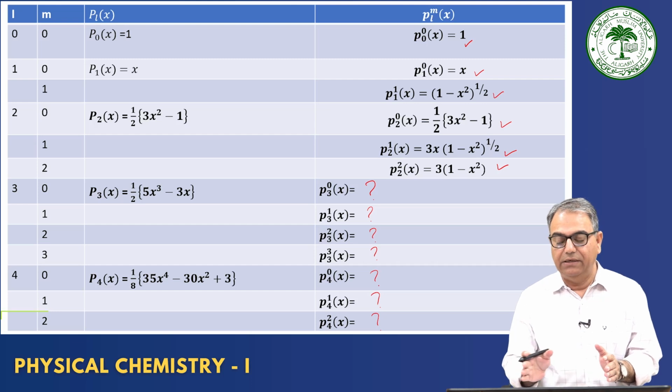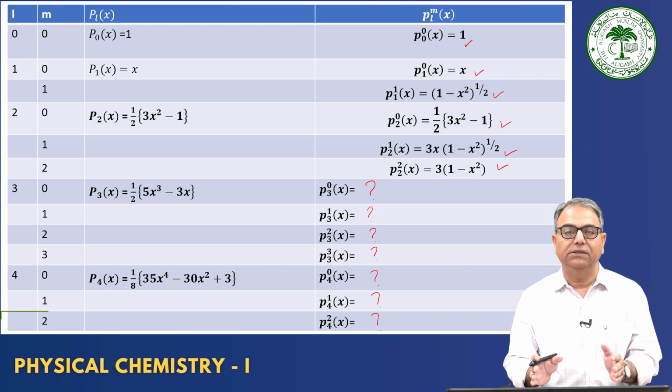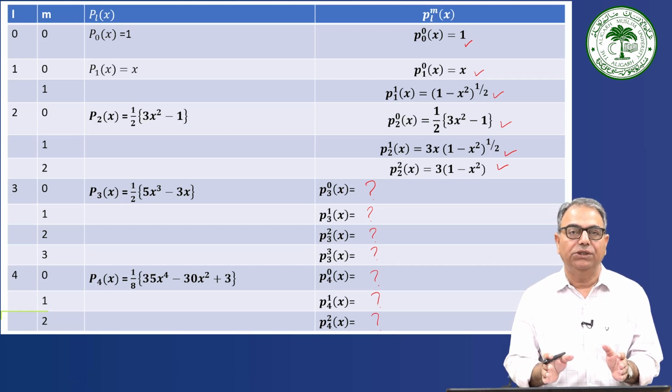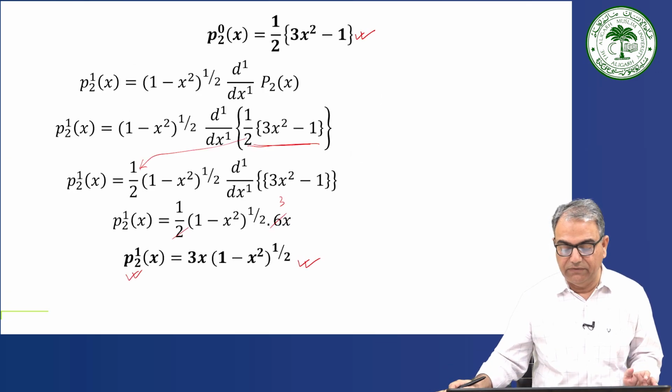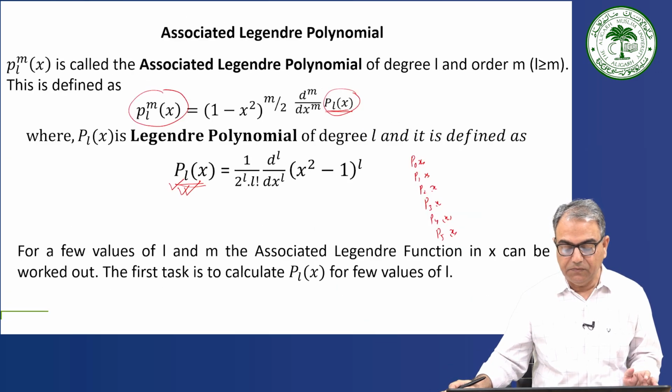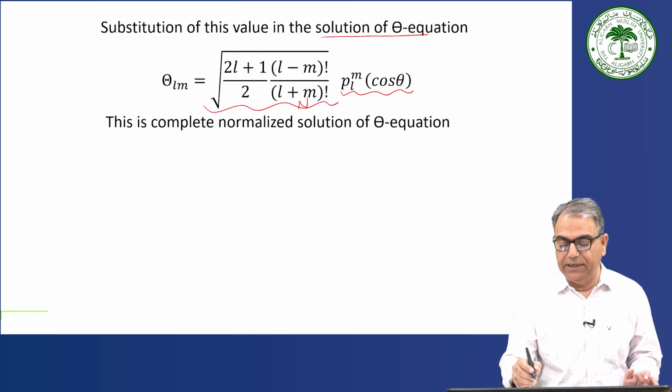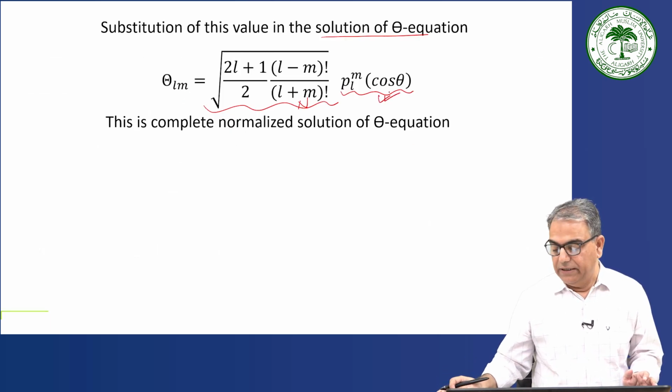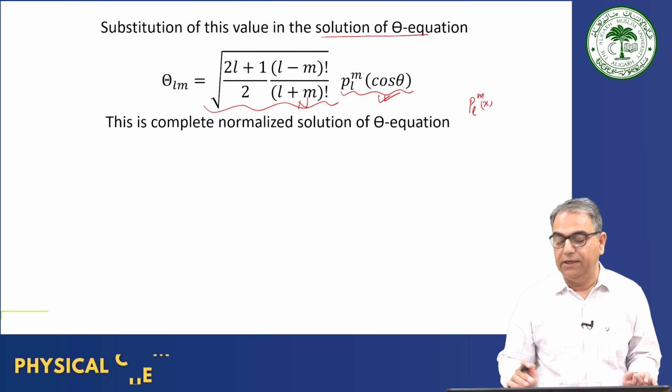Okay. And this is part of the solution of the theta equation, because I said you that the solution of the theta equation contains this term PLM cos theta. Okay. Where x is equal to cos theta I have written. So PLMx also you will find at some place. Okay.